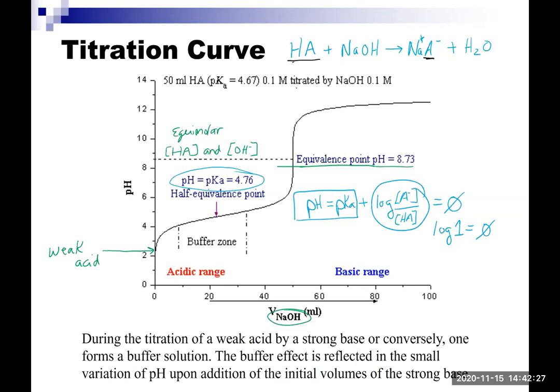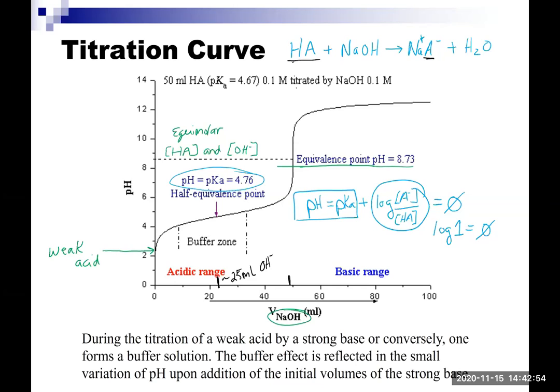And when we get to 1/2 of whatever the equivalence point happens to be, and the equivalence point is around here, so 1/2 is around here, that's approximately 25 mL of OH- we've added, give or take a little bit, because the equivalence point occurs around 50.